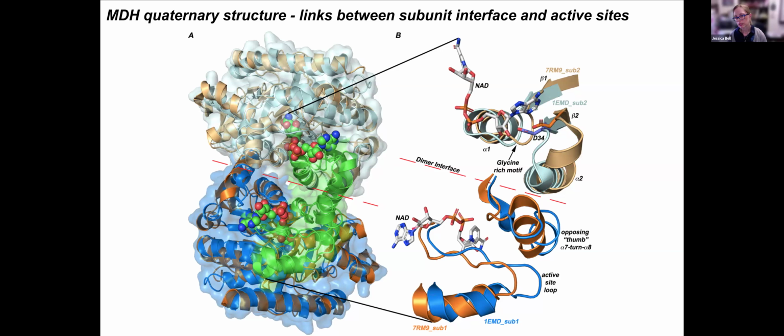So if we look at this guy here with cofactors bound, in the blue, you'll see that the active site is completely closed and clamped down. And in doing so, then it can interact with this alpha helix here that is close to the interface. And this alpha helix here can then interact with an alpha helix across the interface, alpha 2.